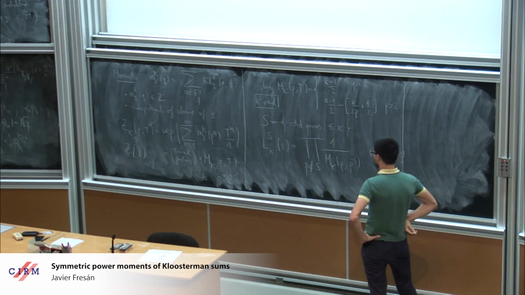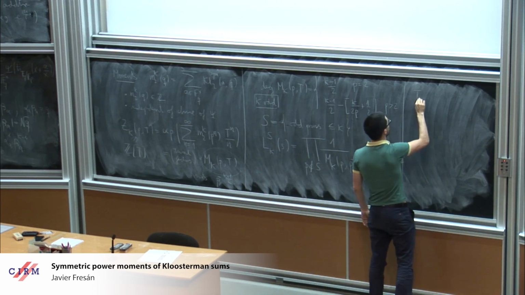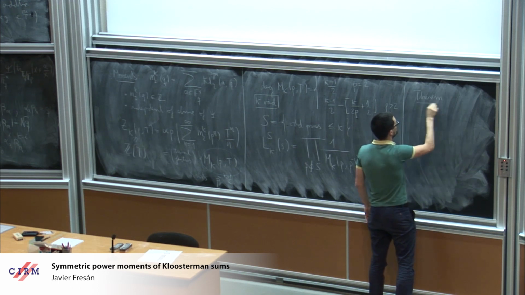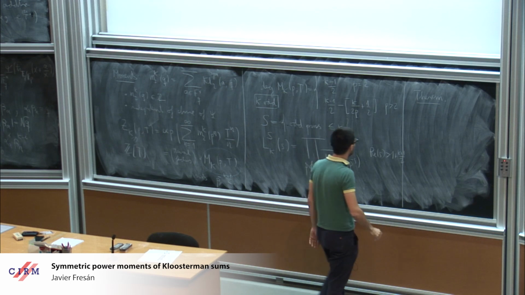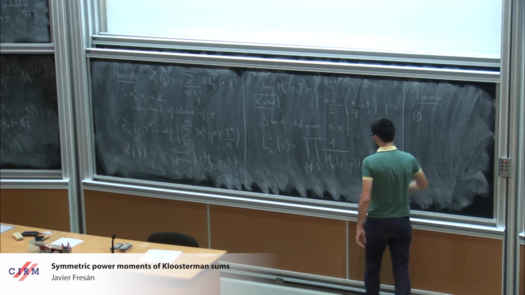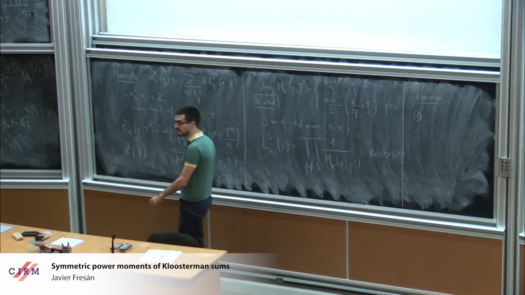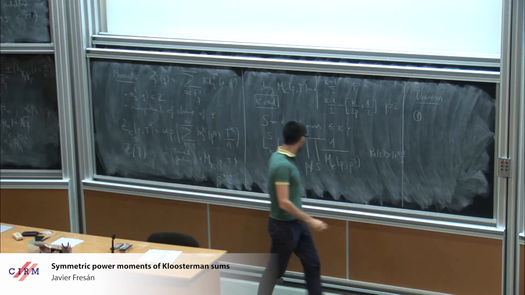Okay, so I think I have everything now. So here's the theorem that Claude, Jeng-Daw, and I proved. It has two parts. The first part is that this function has a meromorphic continuation to the complex plane.